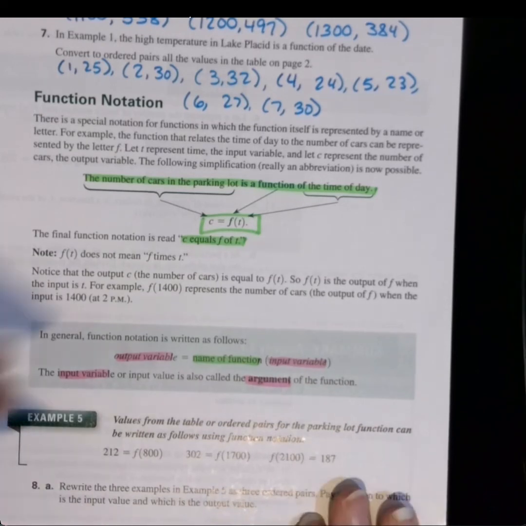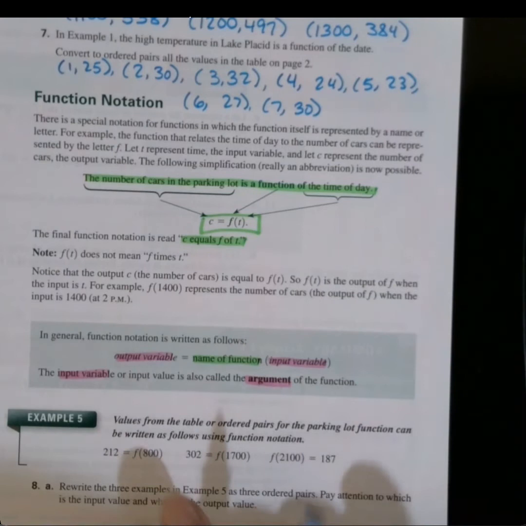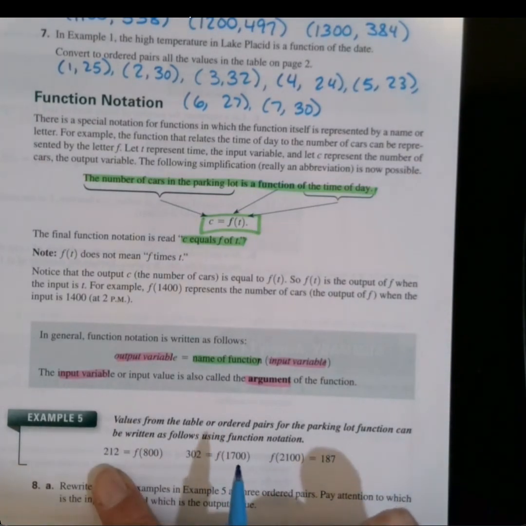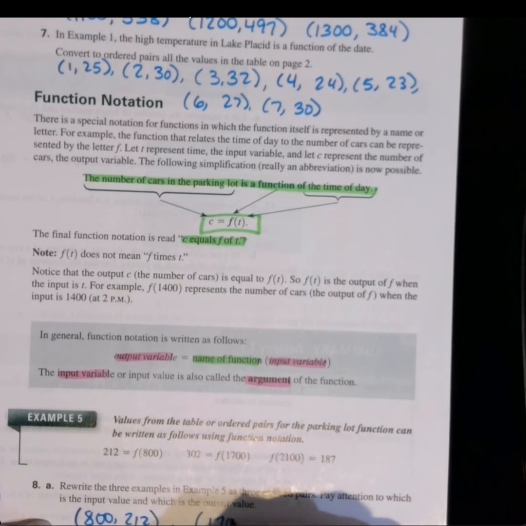Okay, so getting a little glare here from my light. I can maybe lean into it. We have our first ordered pair. This is the output, so it actually goes second. So we're going to write this as 800, 212. Then we're going to write this as 1700, 302, because the input goes first in the ordered pair.